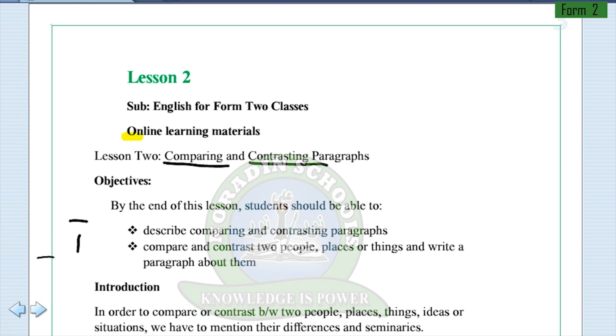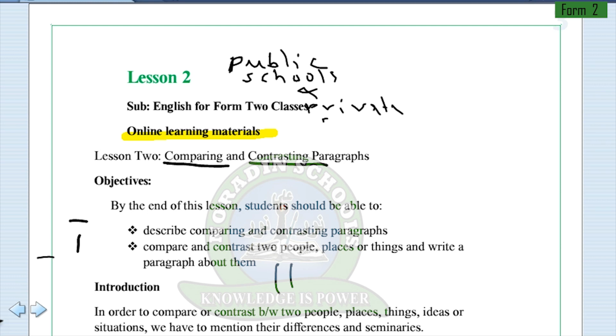Before we start our lesson, I want you to compare. Now we live in Hargeisa, Somaliland. Can you compare public schools and private schools?